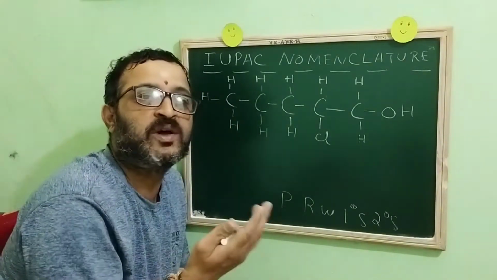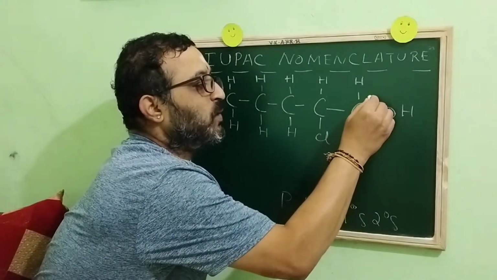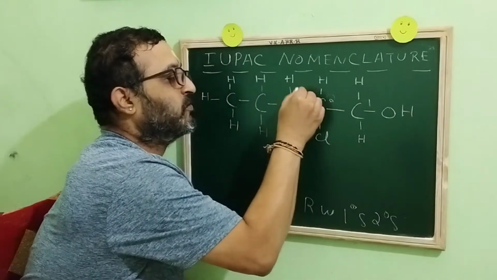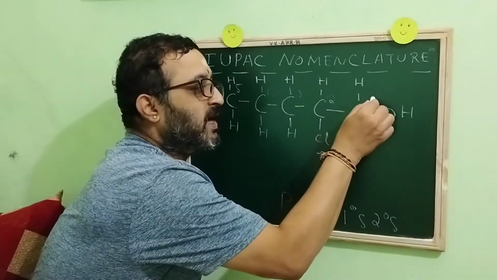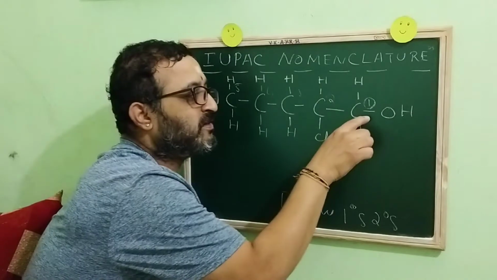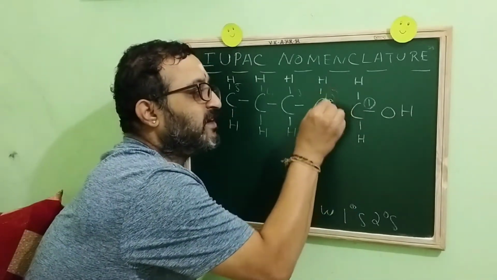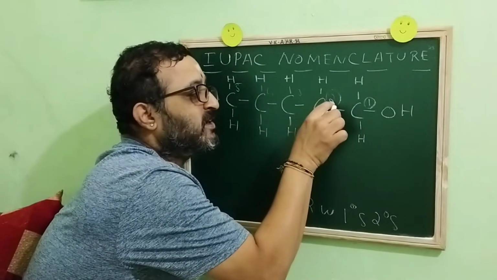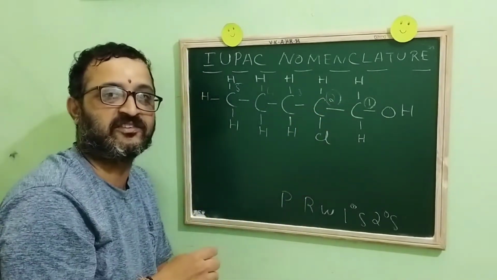So this will be 1, 2, 3, 4, 5. I will circle 1 because the functional group is attached to this carbon, and I will circle 2 also because this is the carbon to which our substituent chloro is attached, right?